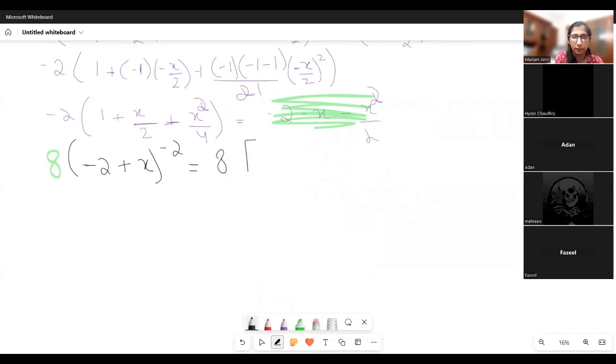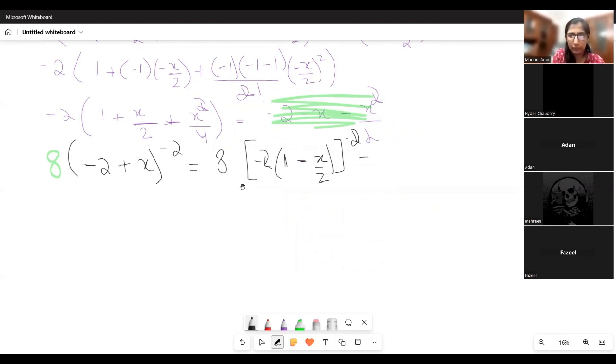8 bigger brackets with power minus 2. Minus 2 comes outside. And we have 1 minus x upon 2.